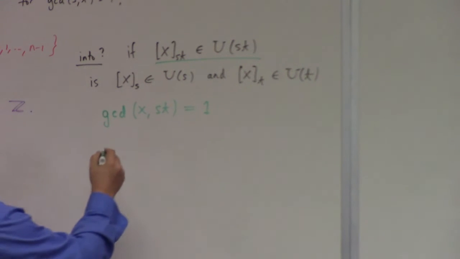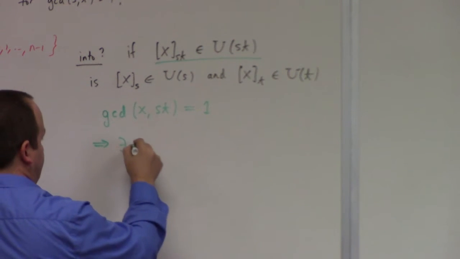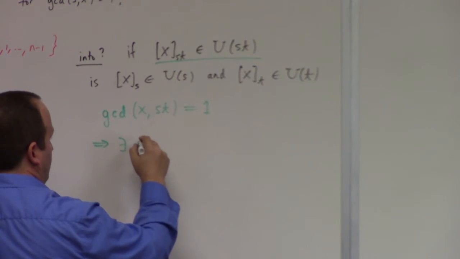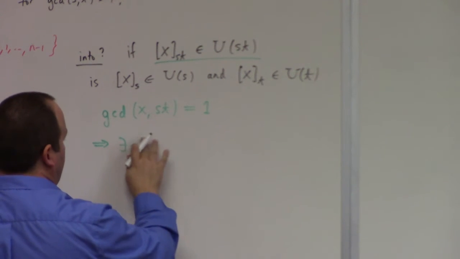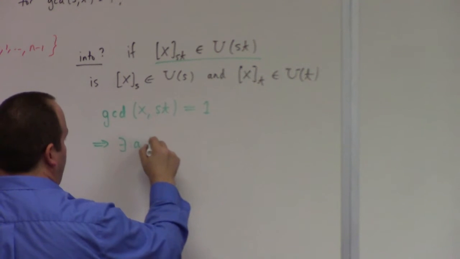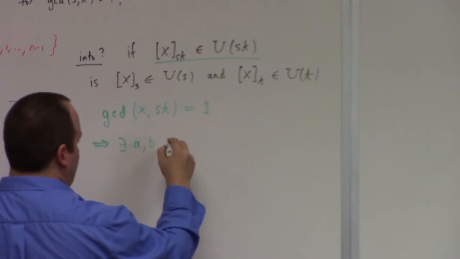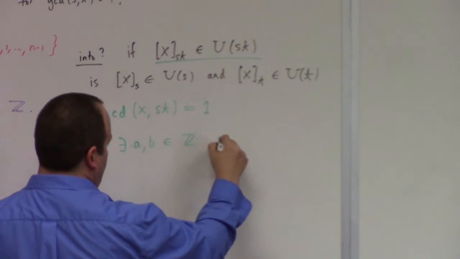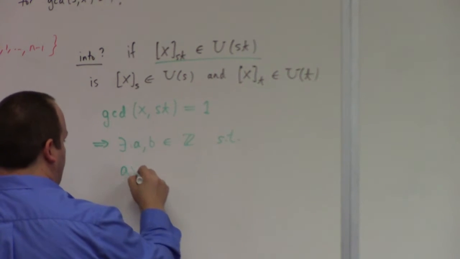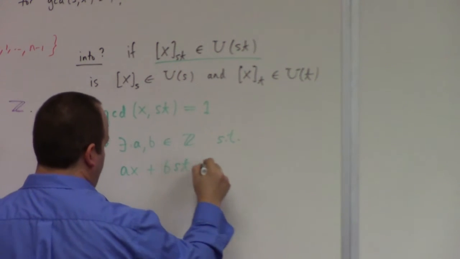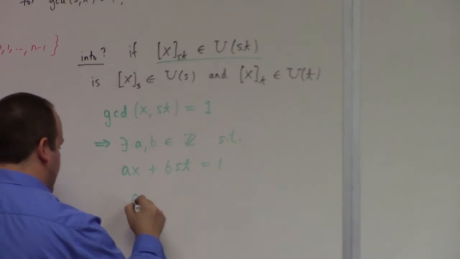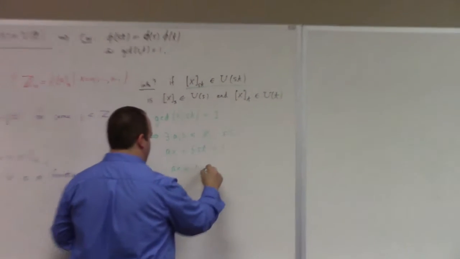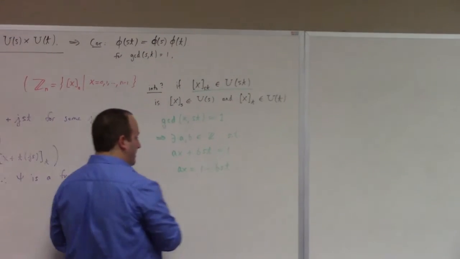So there exists, say, whatever letters you want here, let's say A and B, such that what? Right? So what's that show? That shows that A times x is equal to 1 minus Bst, right?